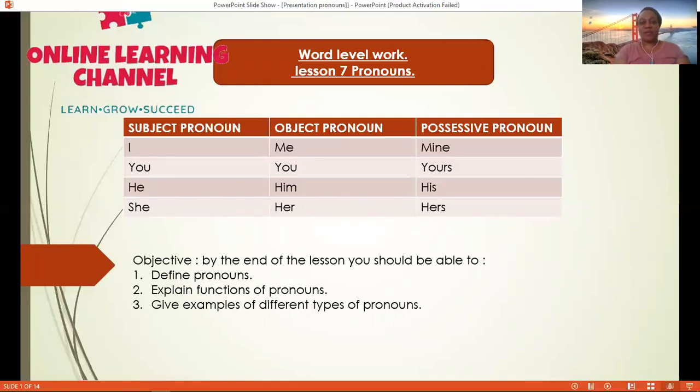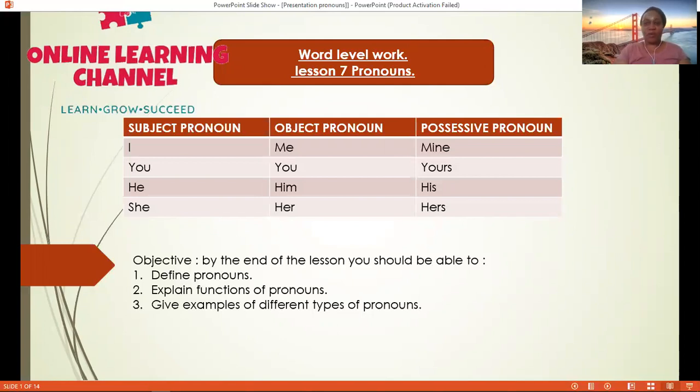Subject pronoun, object pronoun, possessive pronoun. Subject pronoun I, object will be me, possessive mine. You, yours. He, him, and his. She, her, and hers. Those are examples of pronouns.